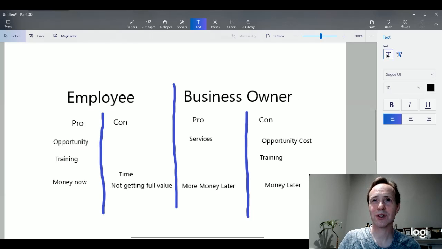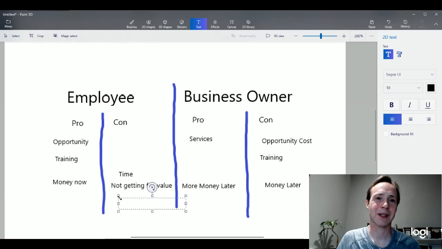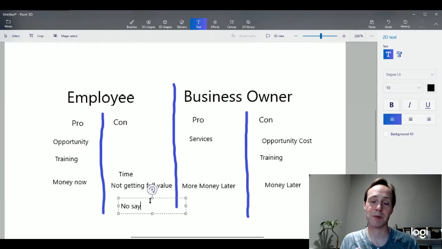So that's actually one thing I put as a con in here, and I kind of want to get into that. It happens within both capitalism and socialism. One of the big grievances that employees have is that they don't have much say, no say, in how the business is run.